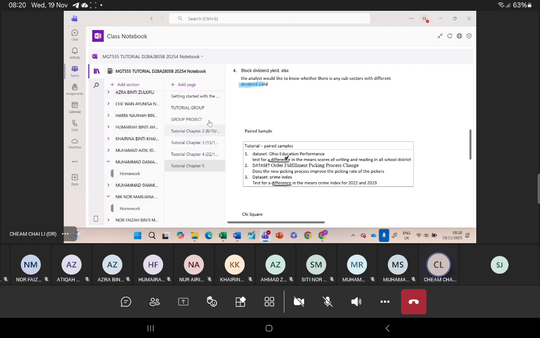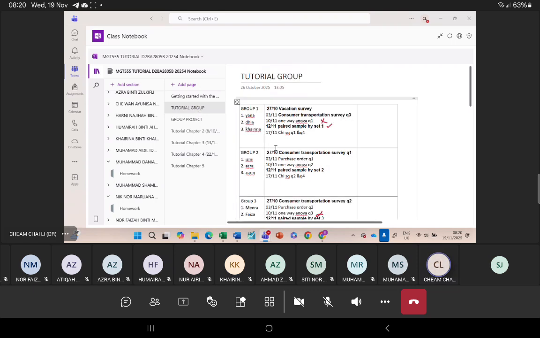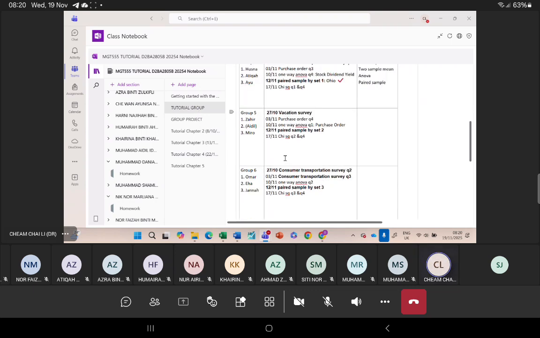So let's look at the other group and see what's the answer. Group 5. Ideal? Is the answer with Ideal? Yeah, madam. Okay.